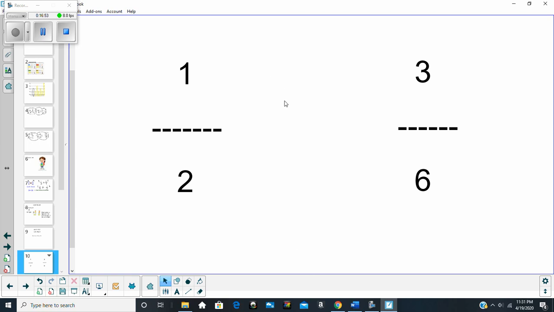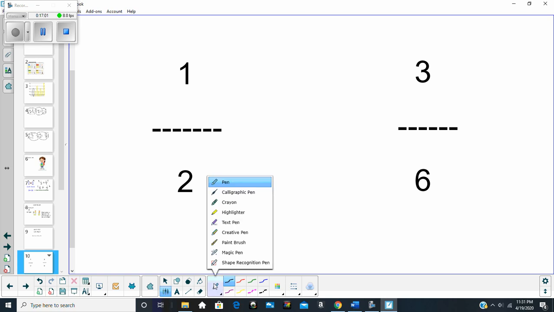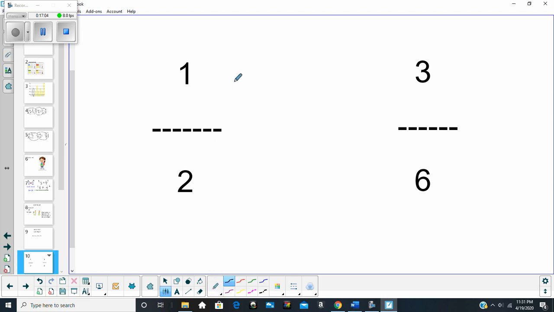Kirsten, can you please come show me why you think these fractions are equivalent? Good job. Okay, here's to multiply 1/2 by 3/3, which is a whole. 1 times 3 is 3, and 2 times 3 is 6, which means these fractions are equivalent.